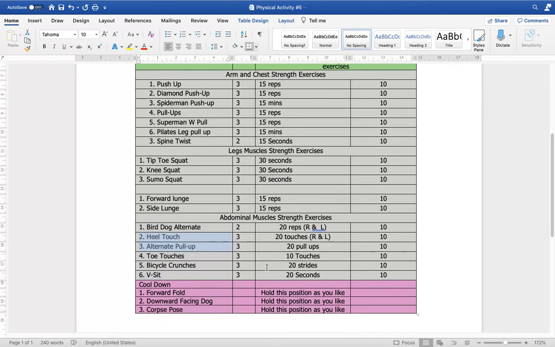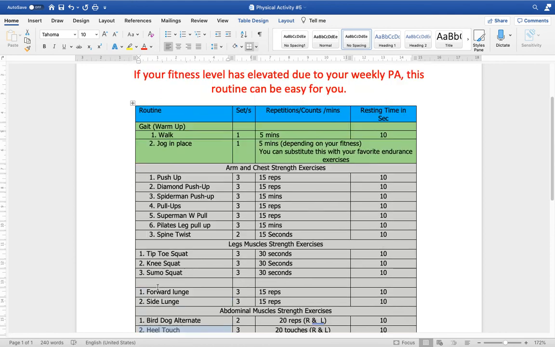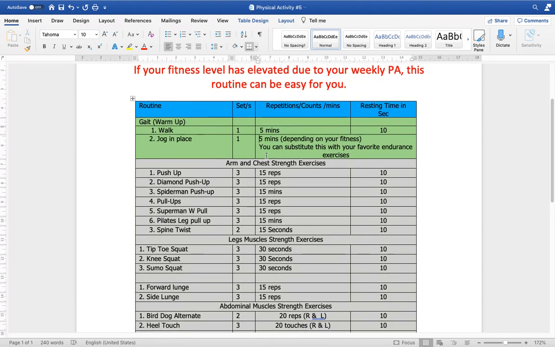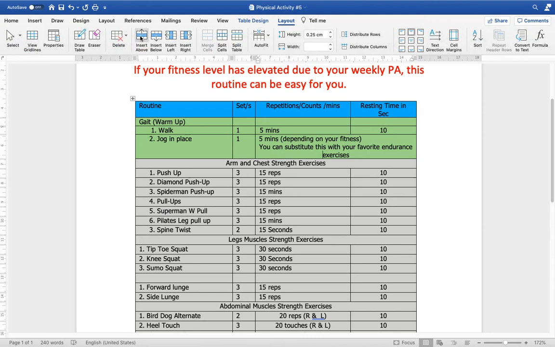This can be your warm up exercise, the walking and the jogging. So this depends on your fitness level. Kung kaya nyo na ng 20 minutes ng jogging, go. That will serve as your warm-up exercise. No? And then the stretching. No? Please do not forget the stretching, the dynamic stretches here. I will include here pala dynamic stretches. Okay, I will add here dynamic stretches.